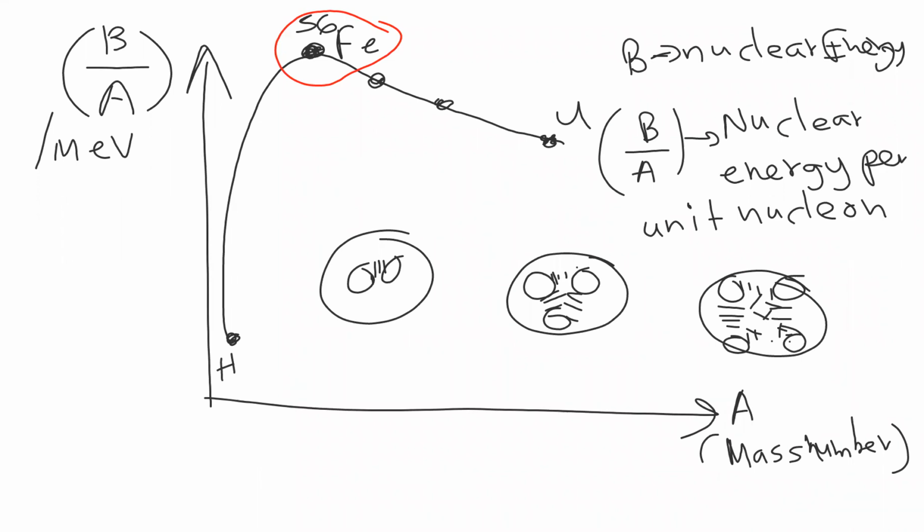The higher the number of nucleons, the higher the binding energy. So if the number of nucleons affects binding energy, it is not a good reference, not good detail about the stability of the nucleus. Why?